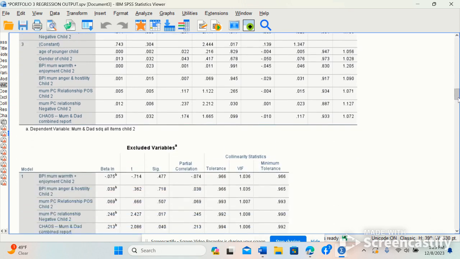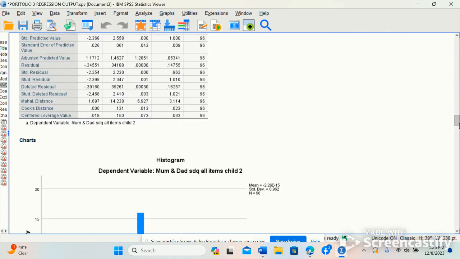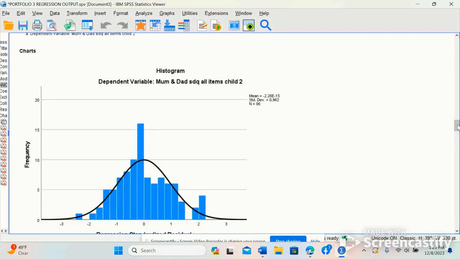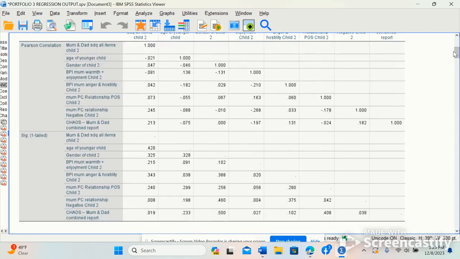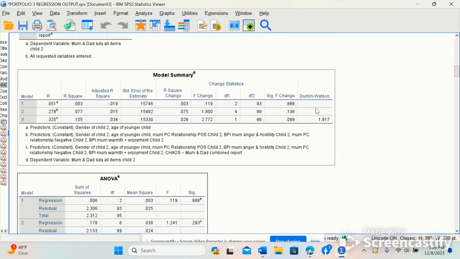So I'm not sure what it means. I just remember it. And Cook's distance is good. It's not supposed to be above one, and Durbin-Watson is close enough to two.